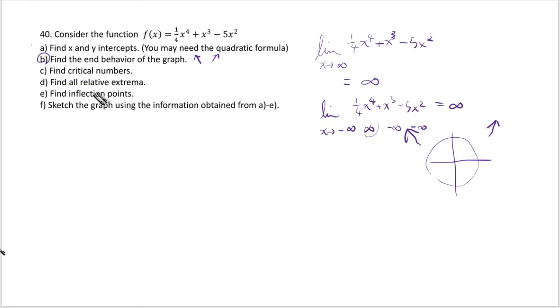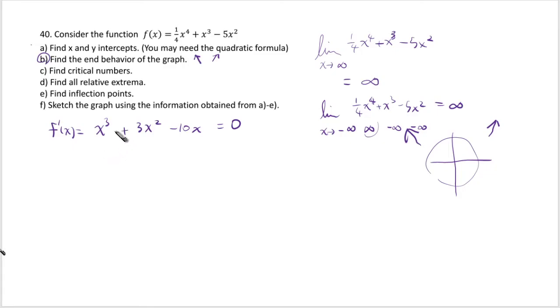Okay. Now let's find critical numbers. Critical numbers are where f prime is 0 or it doesn't exist. This is always differentiable, so you shouldn't worry about the case when f prime doesn't exist. So you have 4 comes down, canceling that, so you have x cubed, and then 3 comes down and you have 3x squared, and then 2 comes down, that's negative 10x, and you have to figure out when this is equal to 0.